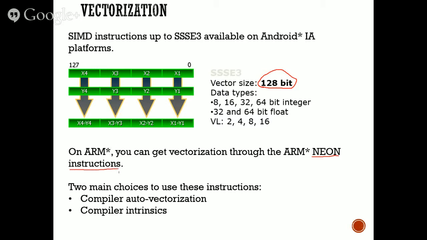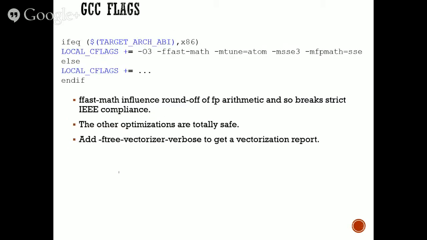So the vectorization for Intel architecture can be done in two methods. One is the compiler does the vectorization automatically, or you can manually specify which particular instruction needs to be vectorized. Let us look at the compiler optimization.